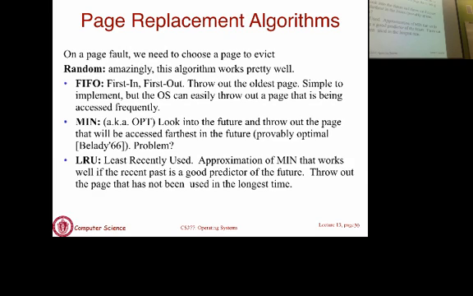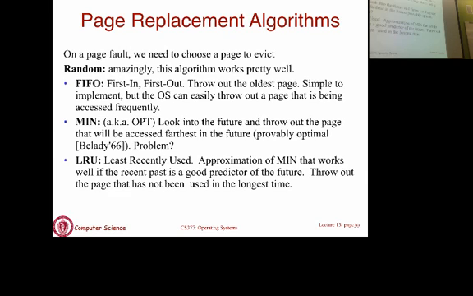So, MIN is also called the optimal approach. It says throw the page out that is likely to be accessed farthest in the future. Okay, so now think about this. Let's assume for now that the process knows what it's going to do in the future.